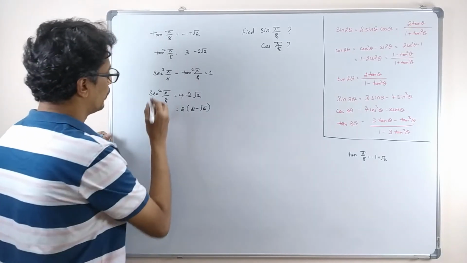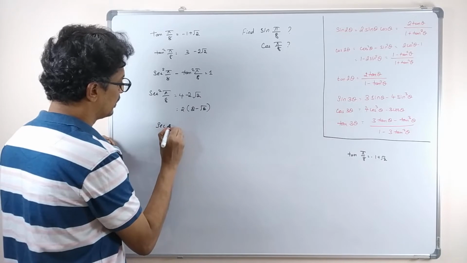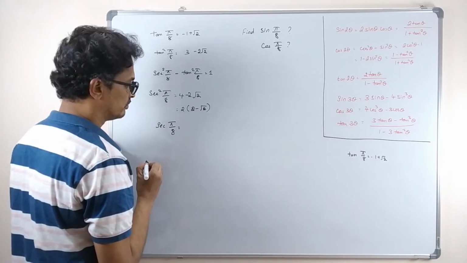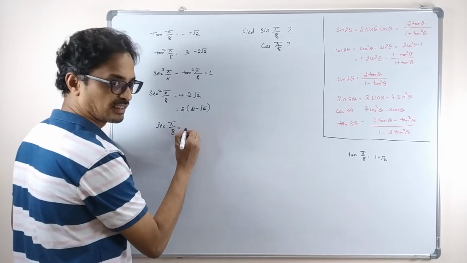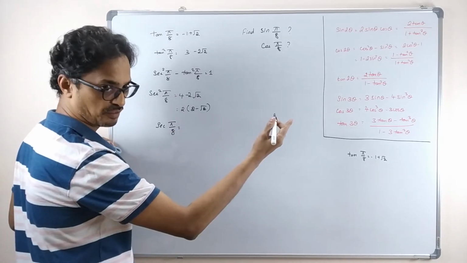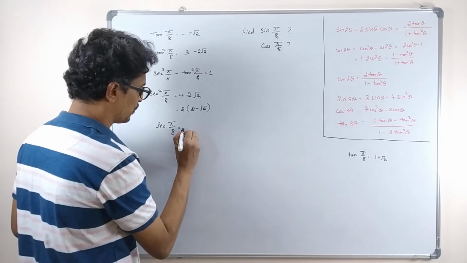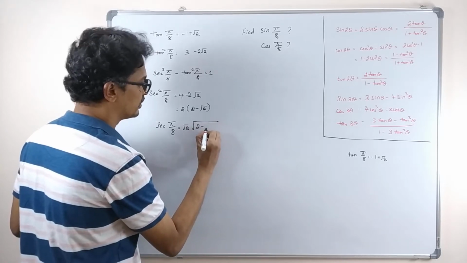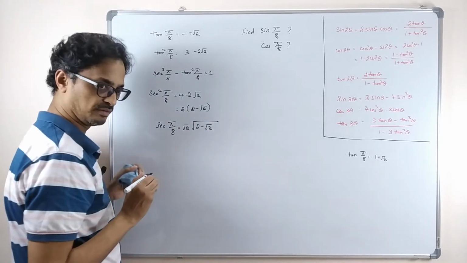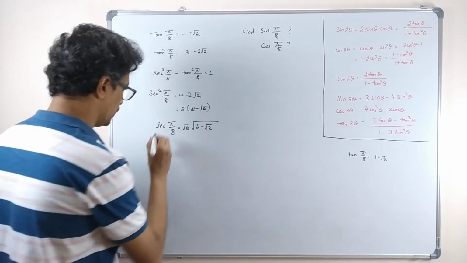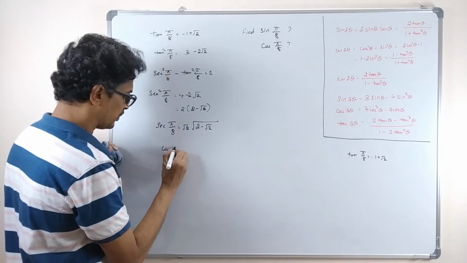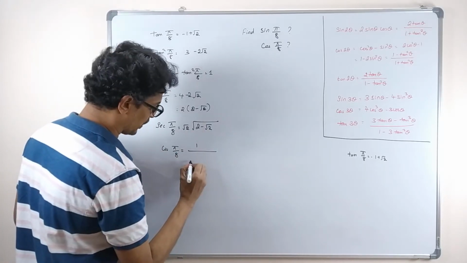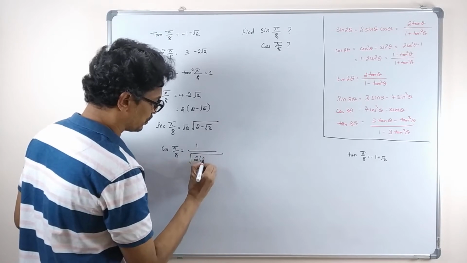Therefore, secant pi by 8 can be plus or minus, but for pi by 8 every value is positive, so it has to always be positive. So this will be root of 2 into root of 2 minus root of 2. Therefore, cos pi by 8 will be equal to 1 upon root of 2 into 2 minus root of 2.